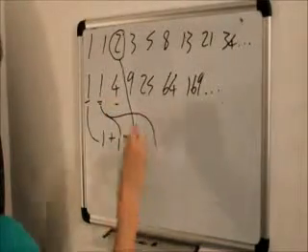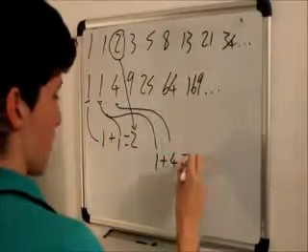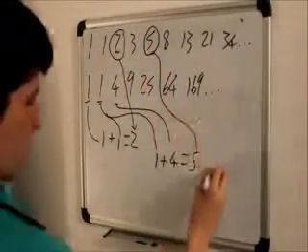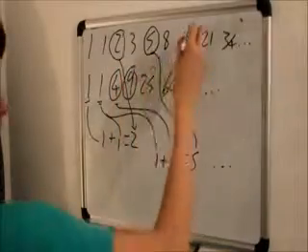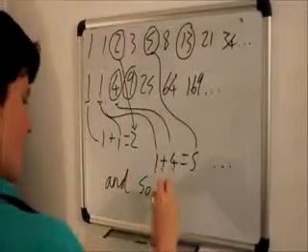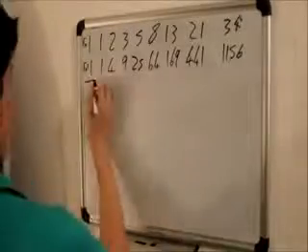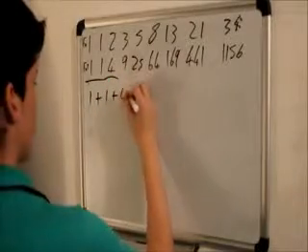And also 1 add 4 equals 5, which is 2 across again. And the pattern carries on. So 4 add 9 equals 13, and so on.